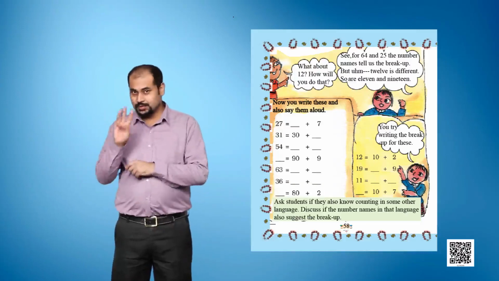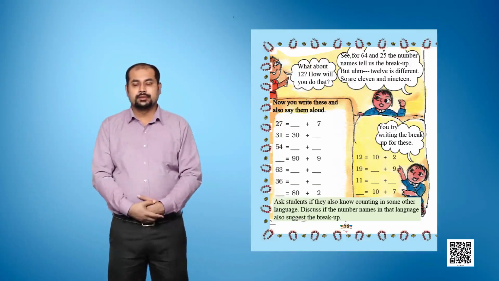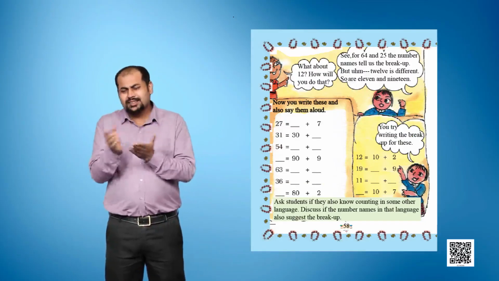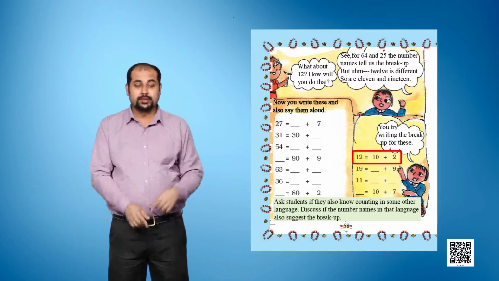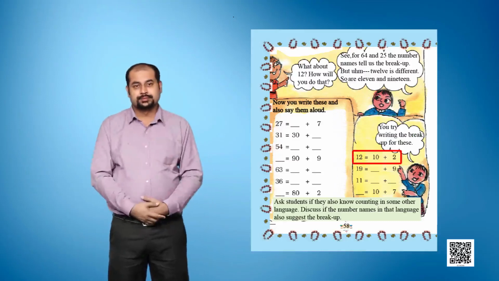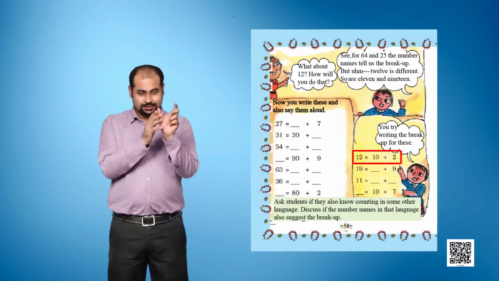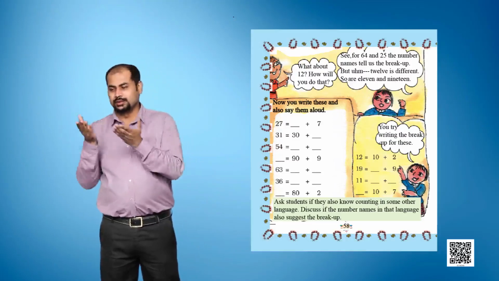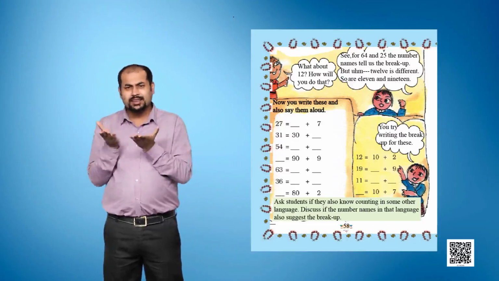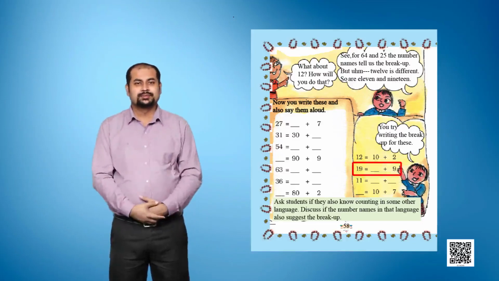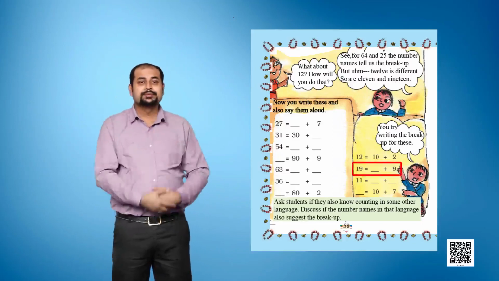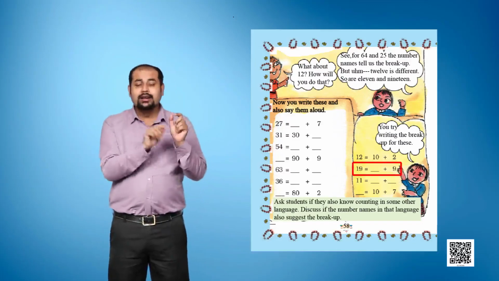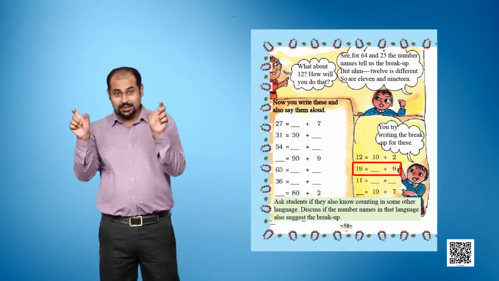Part 3. You try writing the breakup for these. Question 1. 12 is equal to 10 plus 2. This question has been solved as an example. Question 2. 19 is equal to dash plus 9.